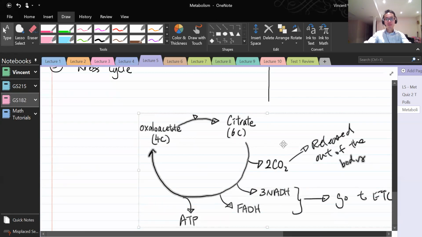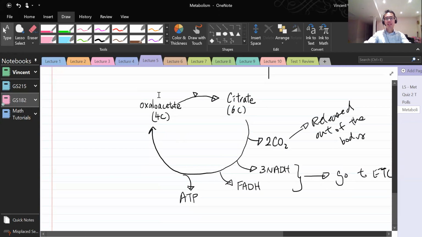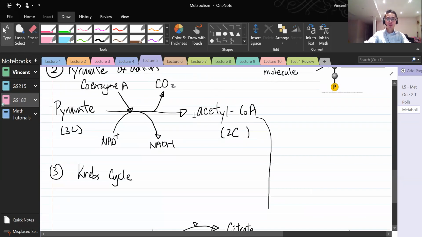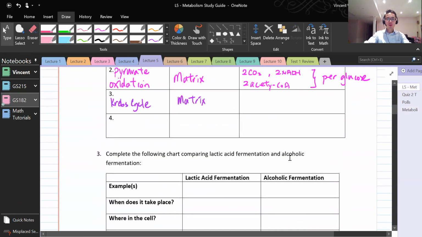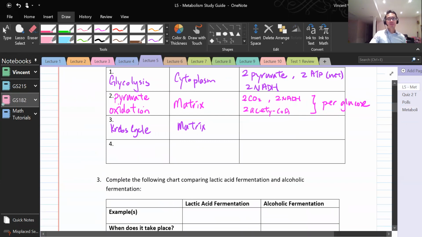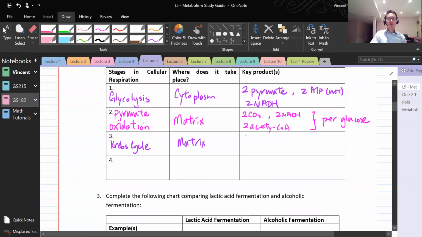So we're going to have 2 carbon dioxide, 3 NADH, 1 FADH2, and 1 ATP, and that's for one spin of the cycle. Remember, we have 2 acetyl-CoA coming in. So on a per glucose basis, the Krebs cycle will produce 4 carbon dioxide, 6 NADH, 2 FADH2, and 2 ATPs.